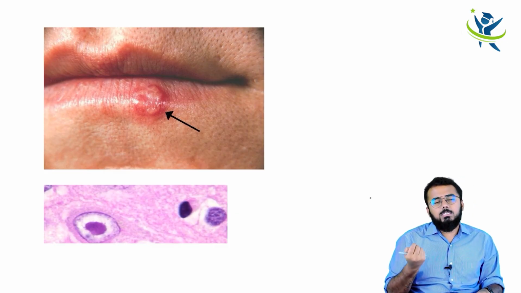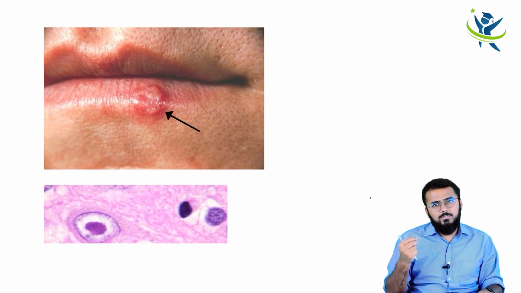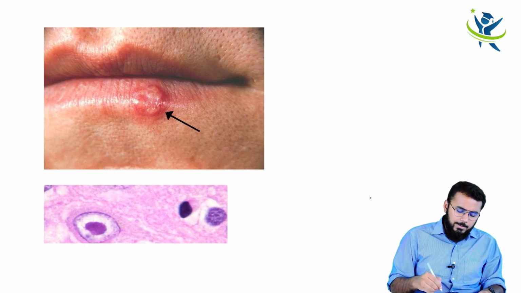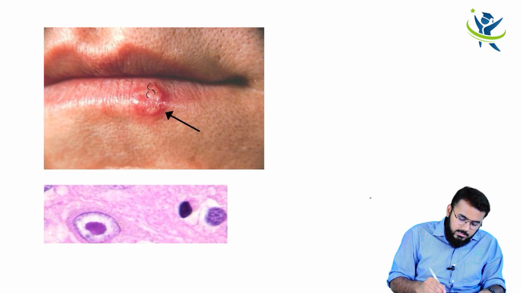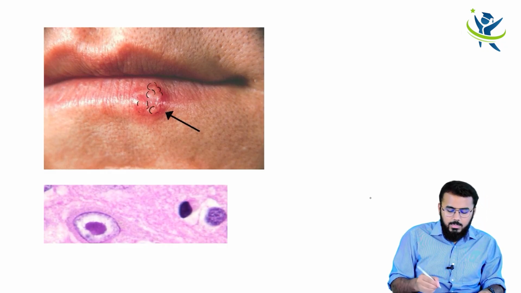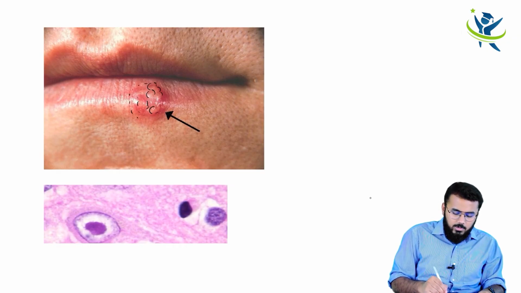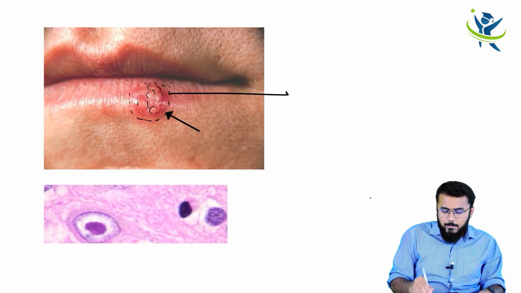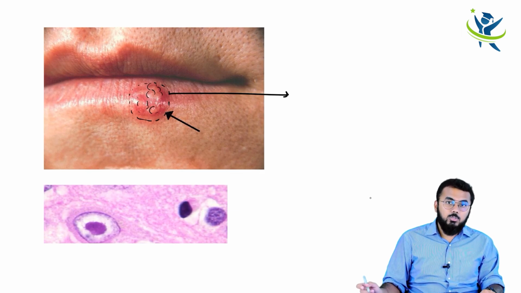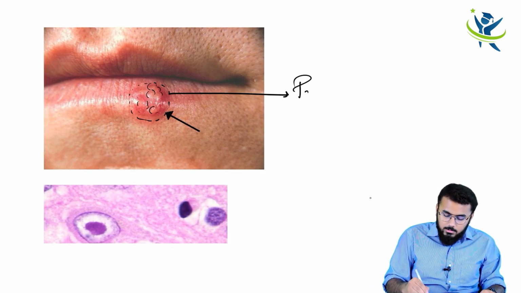The saliva and the respiratory secretions. So there is no surprise that if the lips are affected, okay? So in the lip region, you see small vesicles like this, round vesicles, yeah? So these vesicles over here, this entire lesion, whatever is there, this is called as perioral papillovesicular lesion.